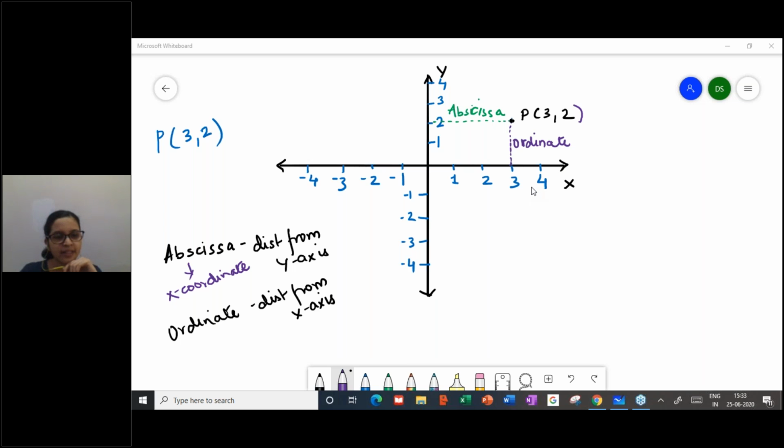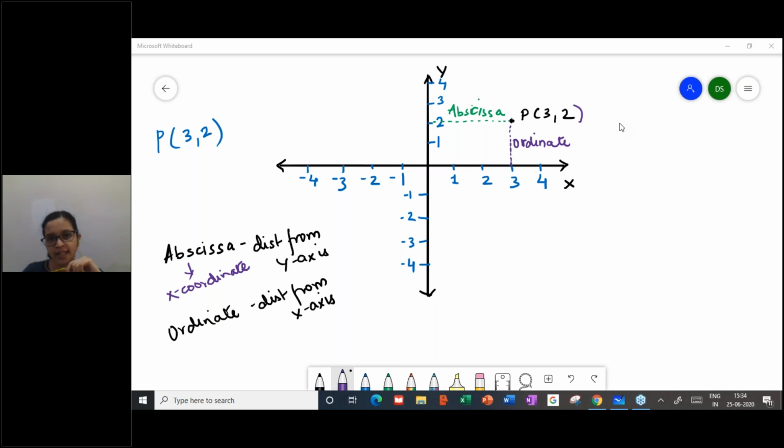Anybody having 3? Mansi, will it be 3? Okay, typo. Cool. So my question was, what will be the distance of this point from the x-axis, or basically this purple dotted line here, what will be the length of this line, right?